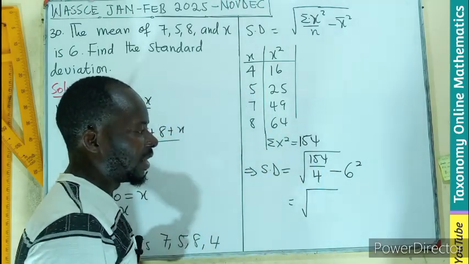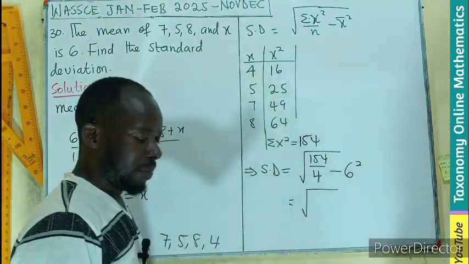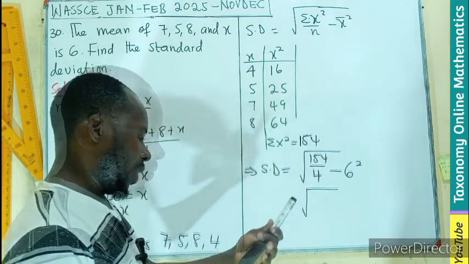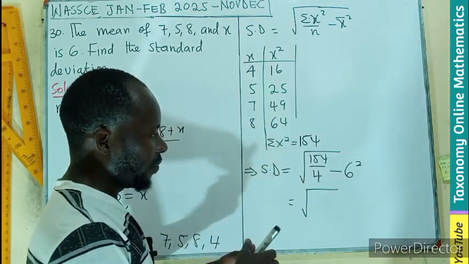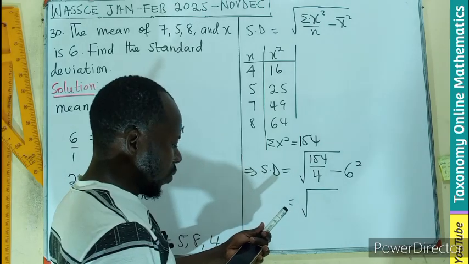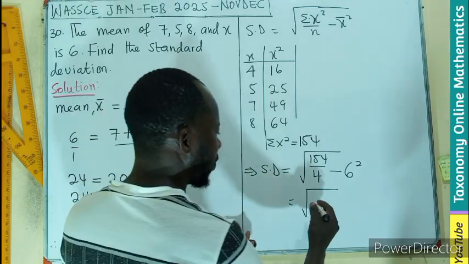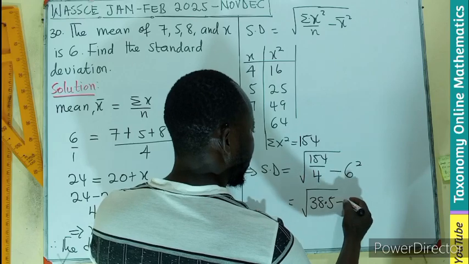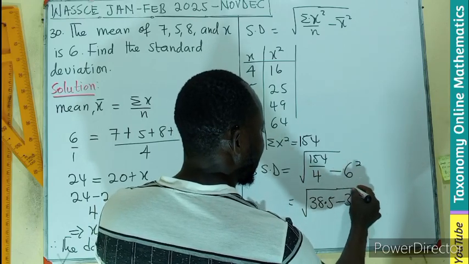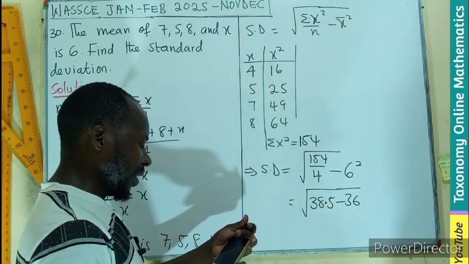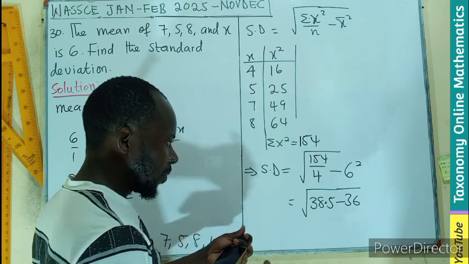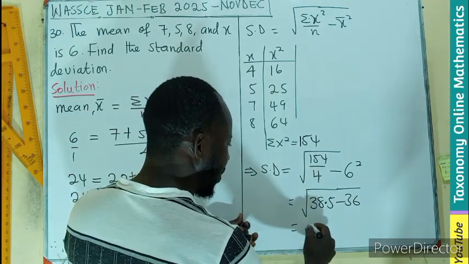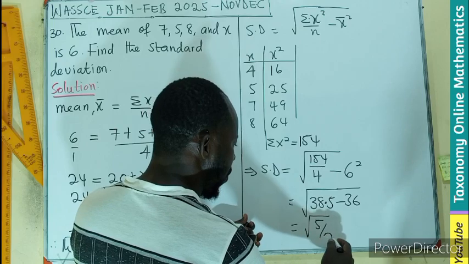So let's find the division of 154. 154 divided by 4 will give you 38.5, and this is going to be 36. So let's subtract that and see. That will be giving us, in terms of fraction, the root of 5 on 2.